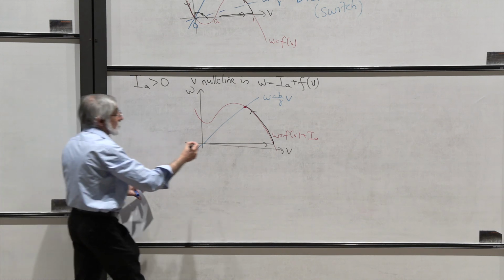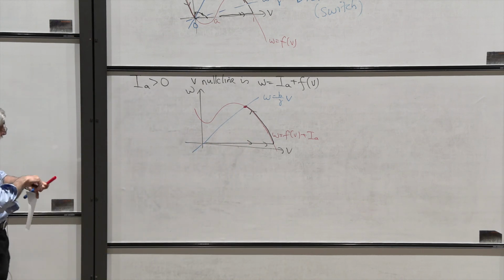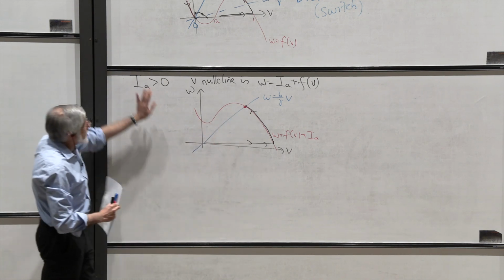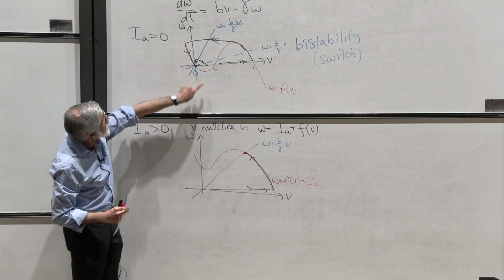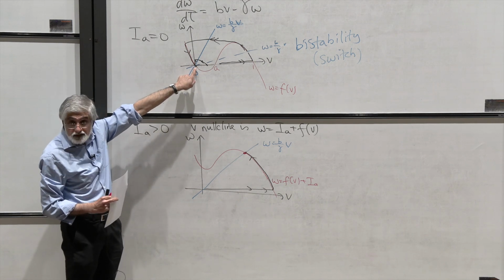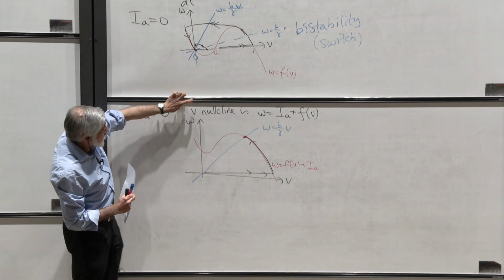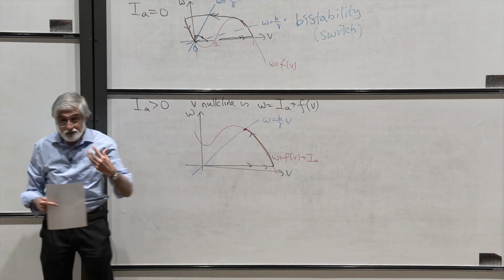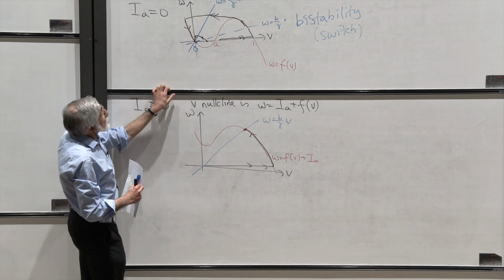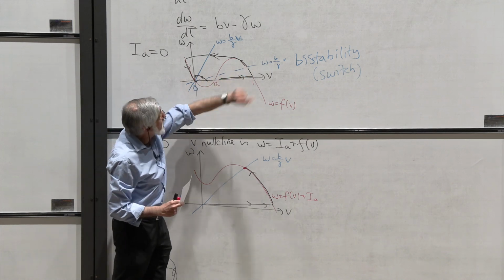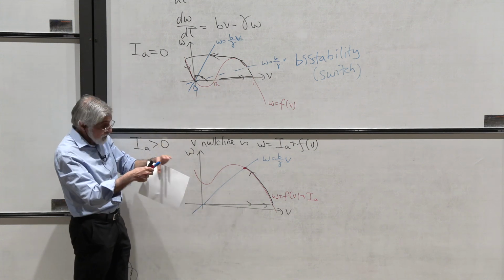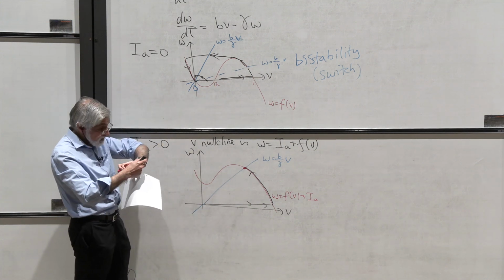Okay? So what you can see is that if this blue null line crosses this branch, and this branch only, then you've got one steady state and it's stable. If it crosses this branch and that branch only, then you've only got one steady state and it's stable. If it crosses all the branches, then you've got 2 steady states, which are stable, and an unstable steady state.